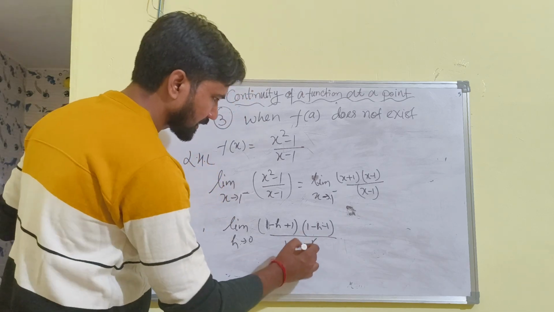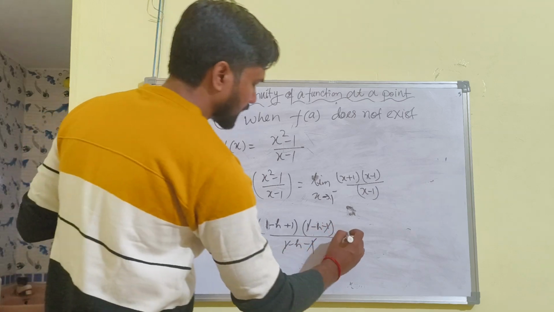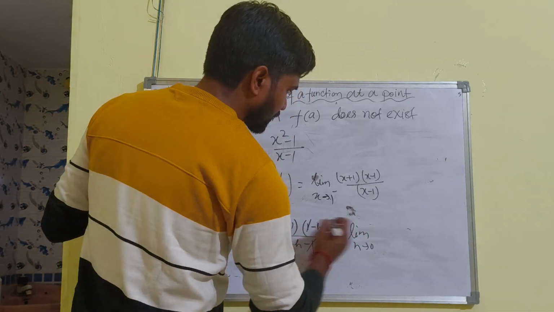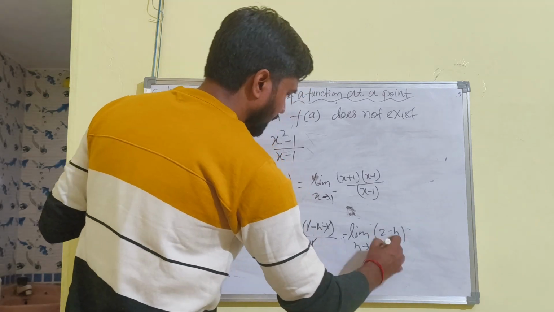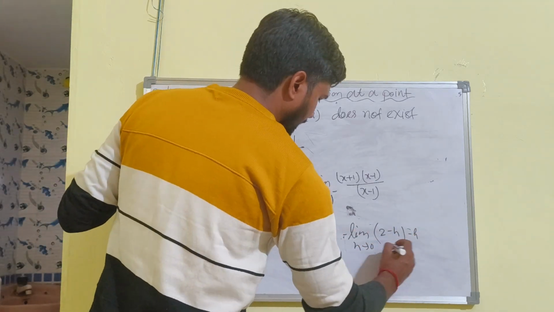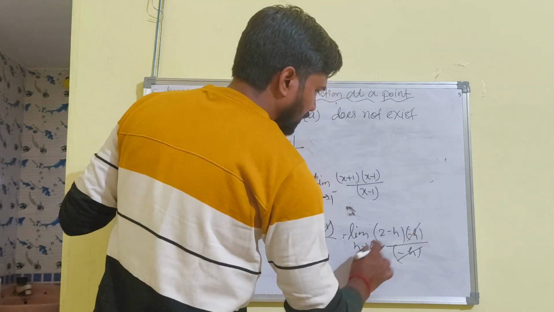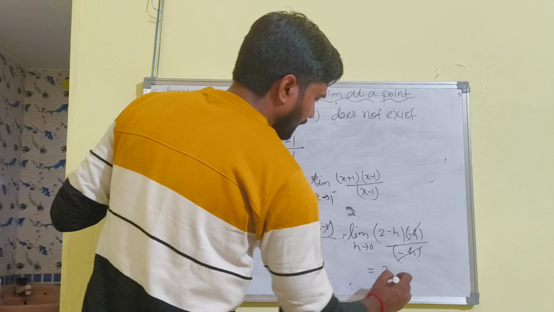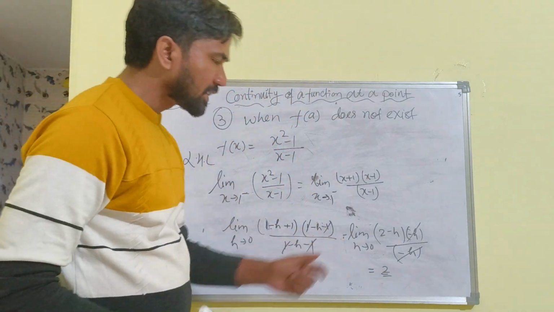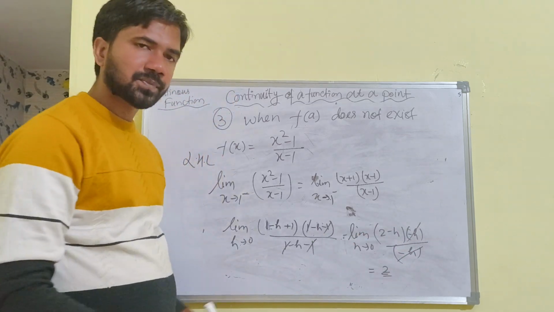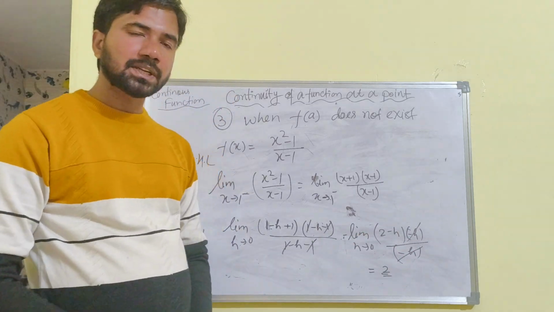See, this is cancelled, this is cancelled. 1 plus 1 we will get, limit h tends to 0, 2 minus h, here minus h divided by minus h. So this is cancelled. We can put h equal to 0, we will get 2. So when h is not 0, we can cancel out each other. At that time, left hand limit is coming 2.